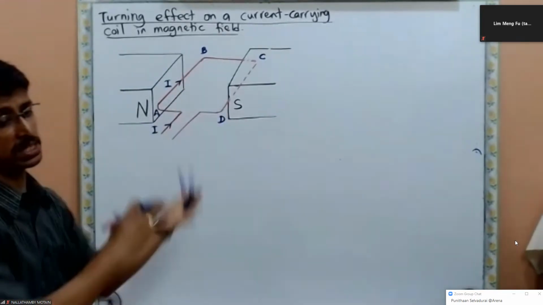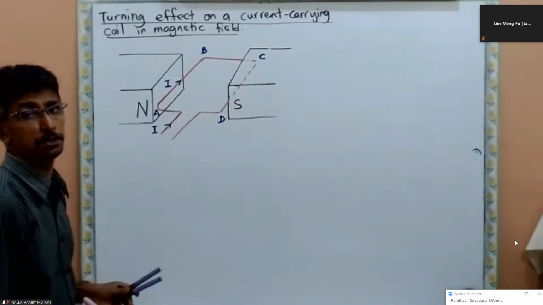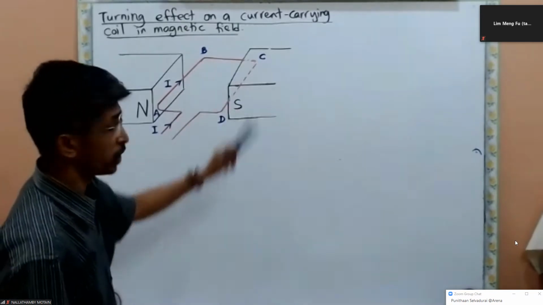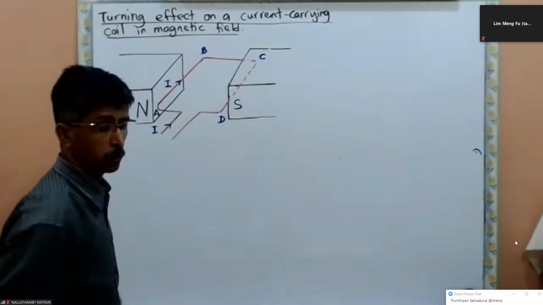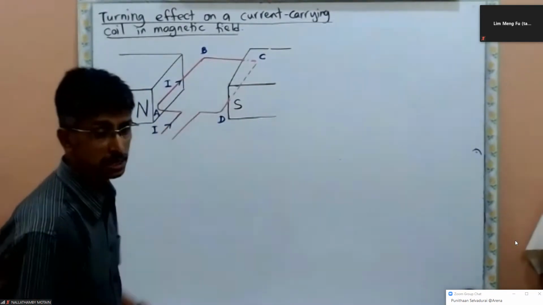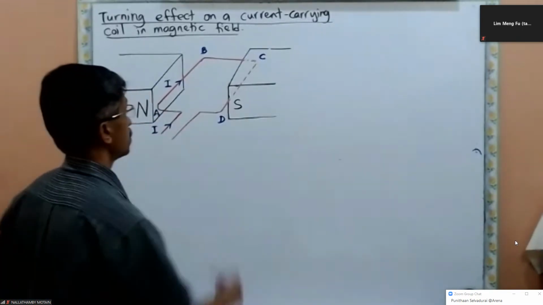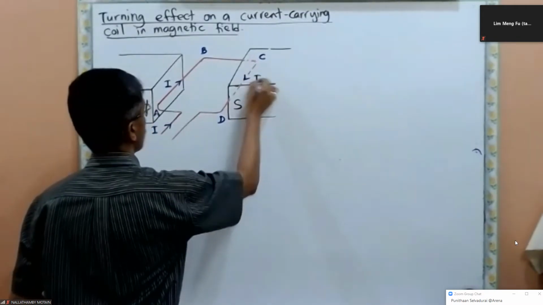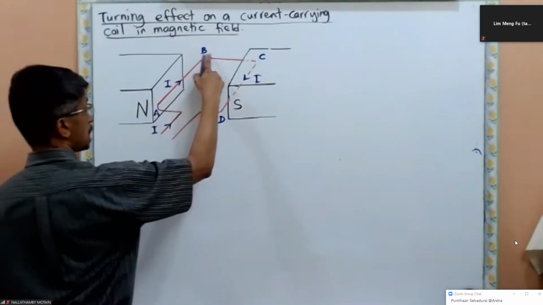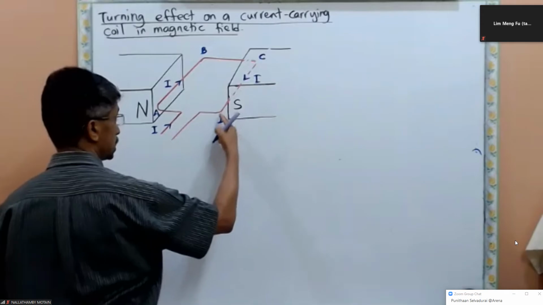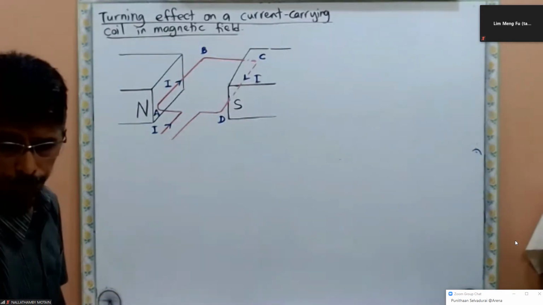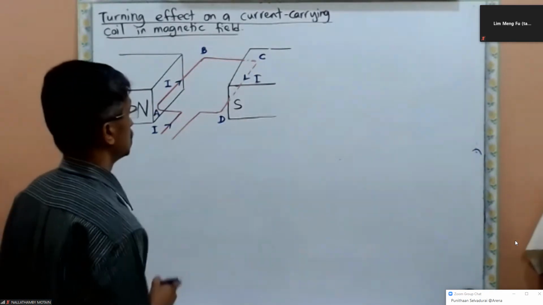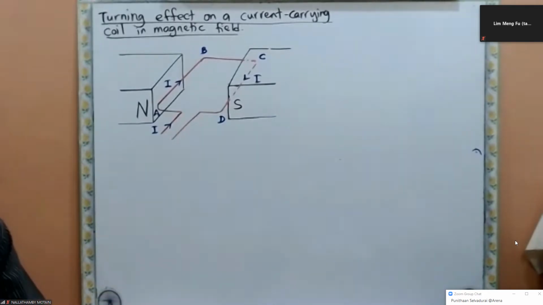We get the idea first of how the turning effect is produced on this coil. Current flows A to B. BC, don't worry, because there's no force acting on the side BC. Later I will tell you. But come to CD, where does the current flow? Current flows from A to B, B to C, and C to D. So we have already drawn the current.